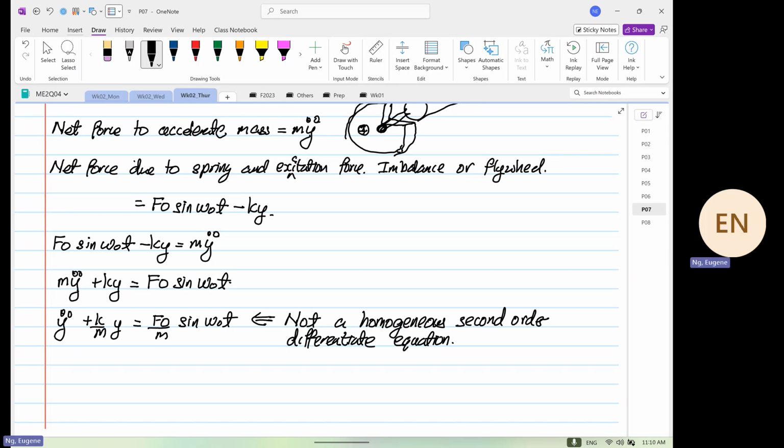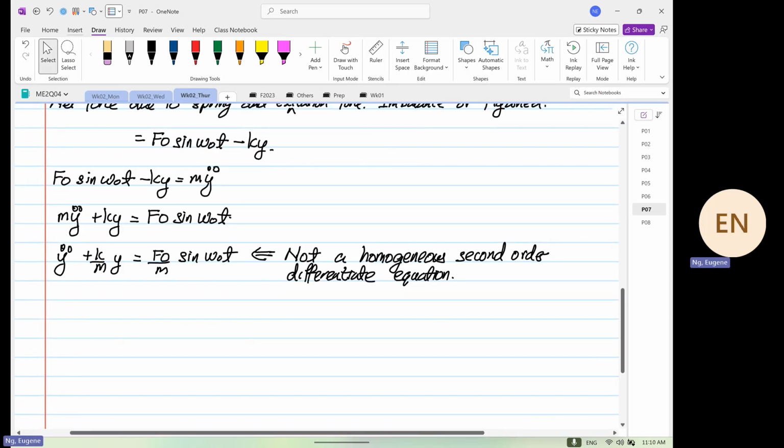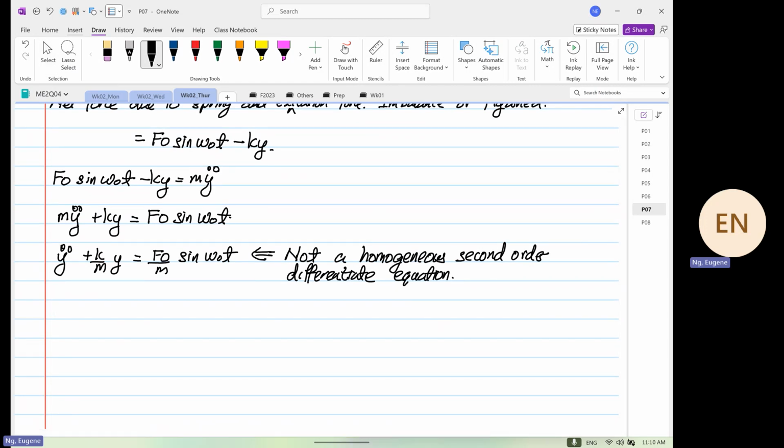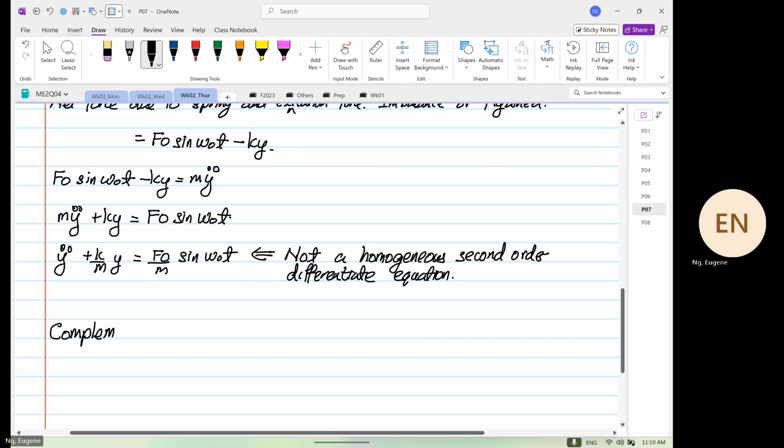Okay, so what we're going to do now, we know the complementary solution. Now this you will learn in math later, in 2ZZ03. We know the expression, the complementary solution, right? y as a function of time is equal to what?